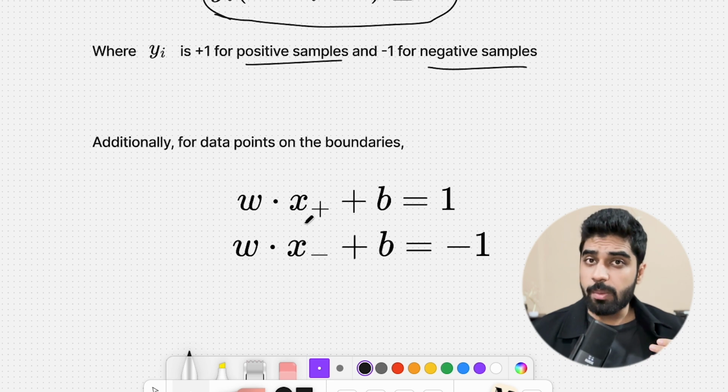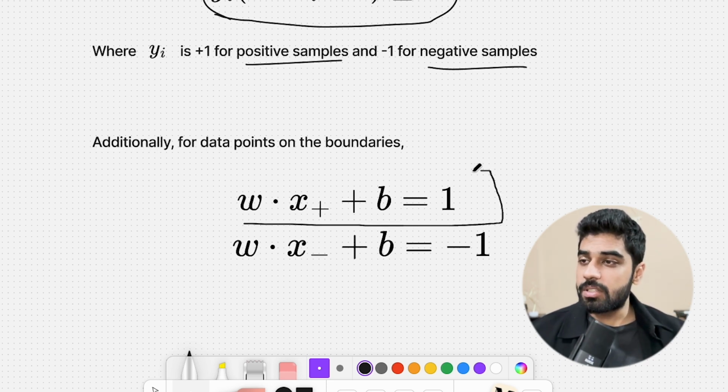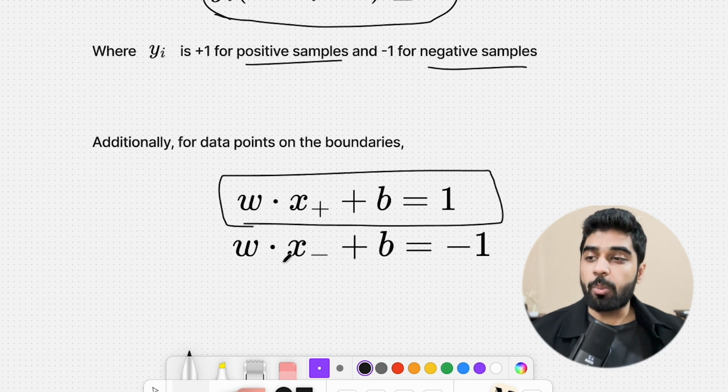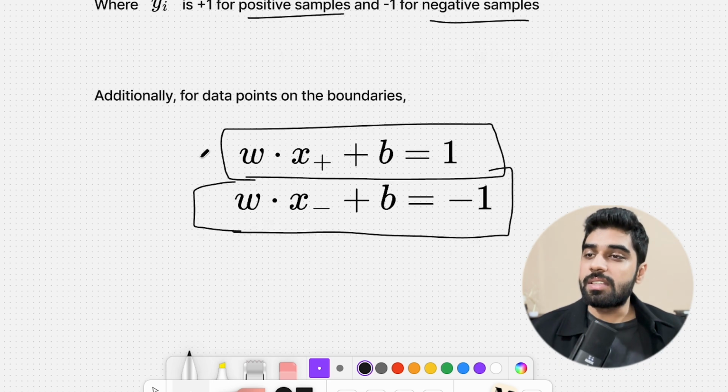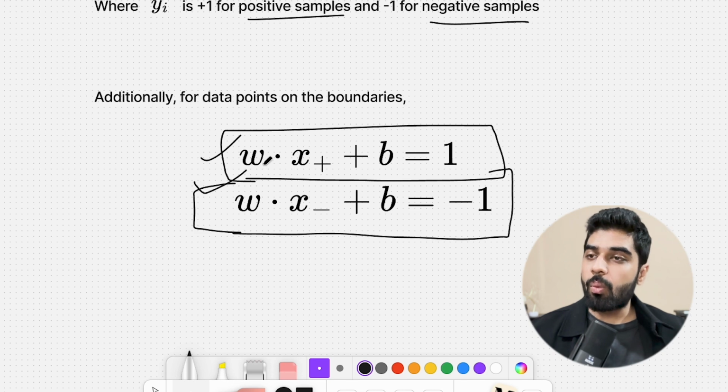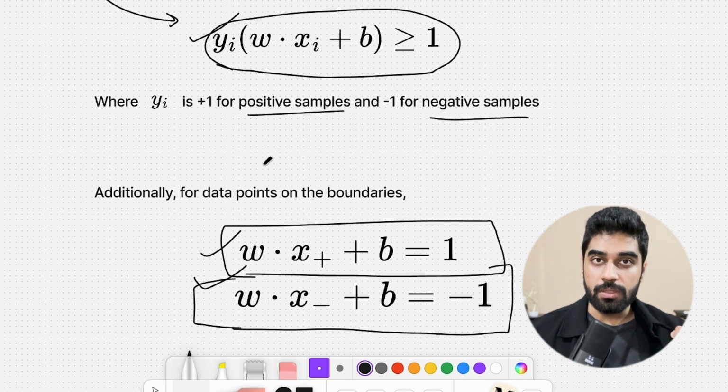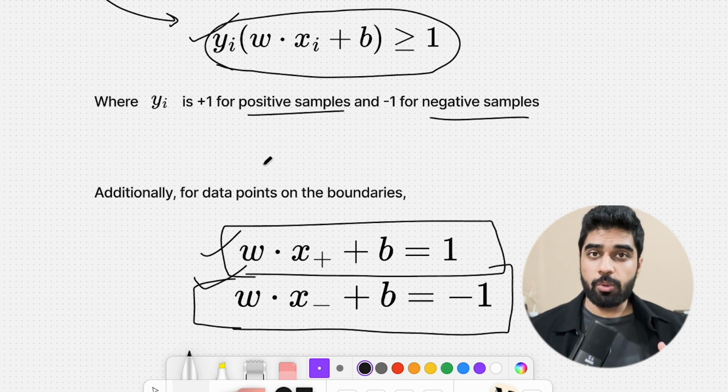So if my point lies on the positive boundary, the first equation should hold, and if my point lies on the negative side of the boundary, the second equation should hold. These equalities should hold when we are on the boundary. And these mathematical constructs stabilize our boundaries and offer resilience and flexibility to our model. So these are all the conditions that we have imposed on how the data points should behave.